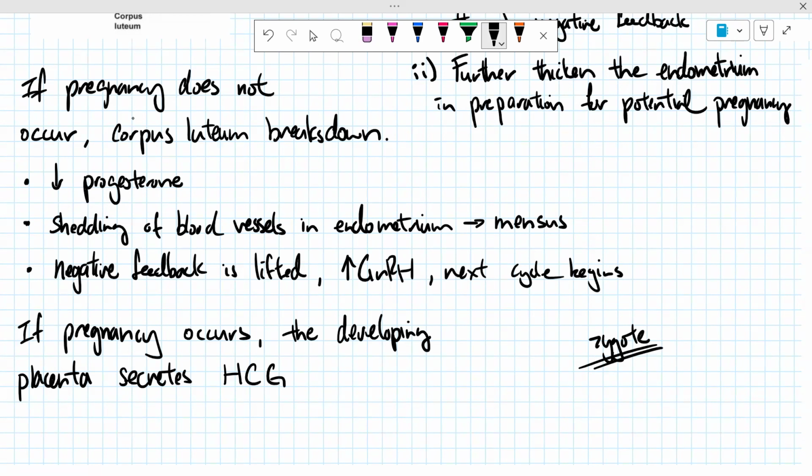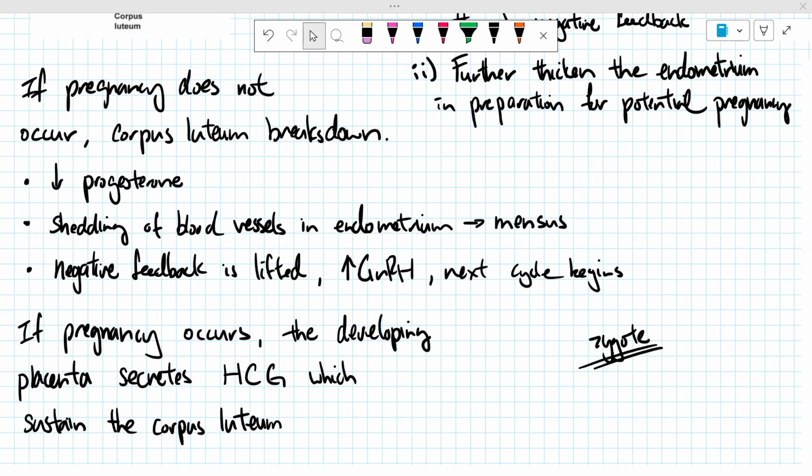Secretes HCG, which sustains the corpus luteum. Why do we want to keep the corpus luteum? For the baby? For the baby, that's right. The baby's already growing in the uterus.